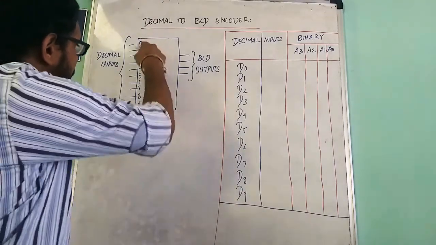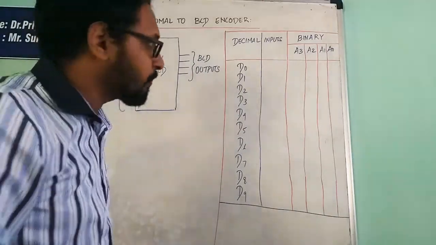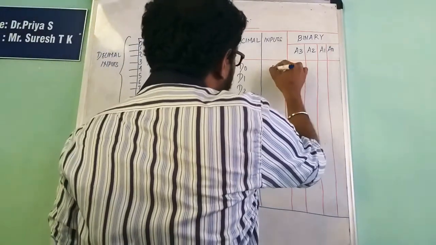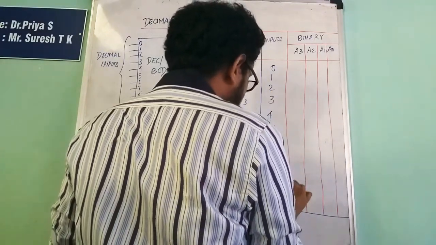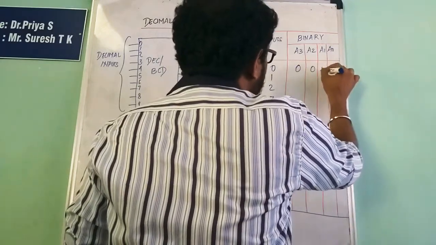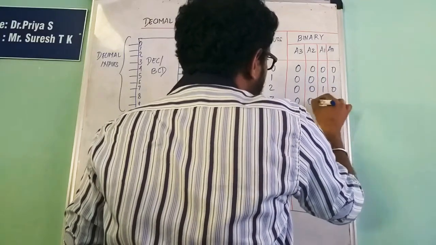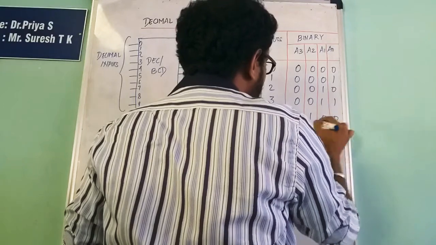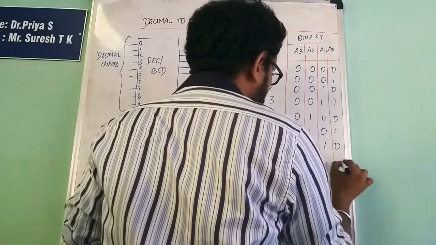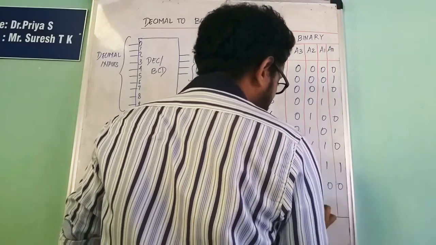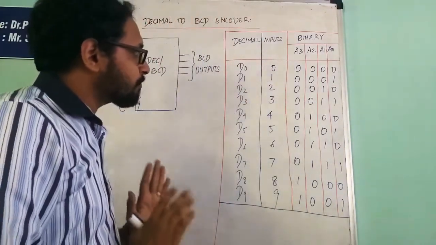Here we have the valid 10 cases and the corresponding BCD outputs: 0, 1, 2, 3, 4, 5, 6, 7, 8 and 9. This is how we construct it.